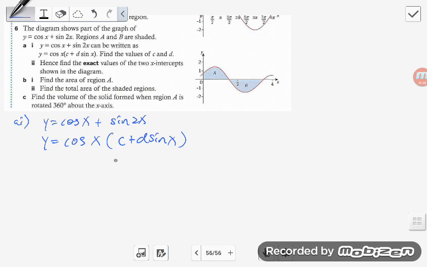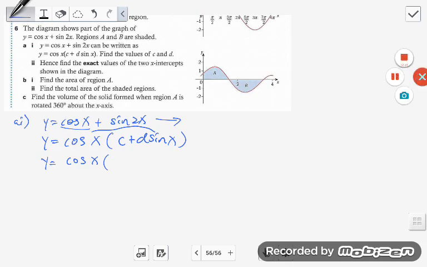If you think about this, c multiplied by cosine x gives us cosine x, so my c should be 1, correct? Now what's this d sine x? Cosine x multiplied by d sine x should give me sine 2x, which is not as easy to see.